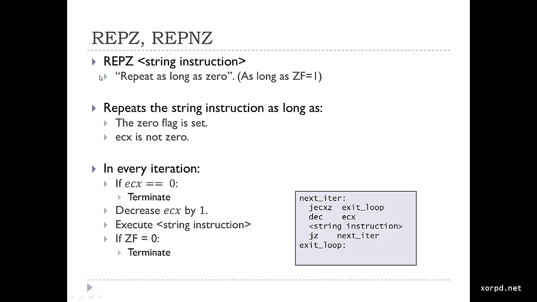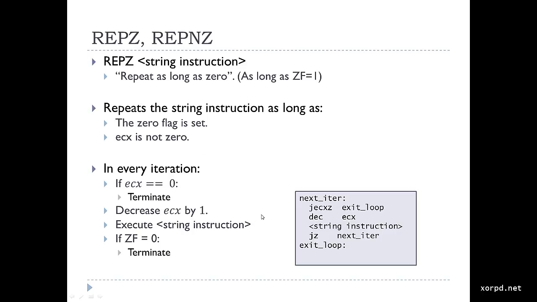A basic summary of this instruction: it repeats the string instruction as long as the following happens. The 0 flag is set, which means that it is 1, and at the same time ECX does not equal 0. I don't want to go over what happens in every iteration.